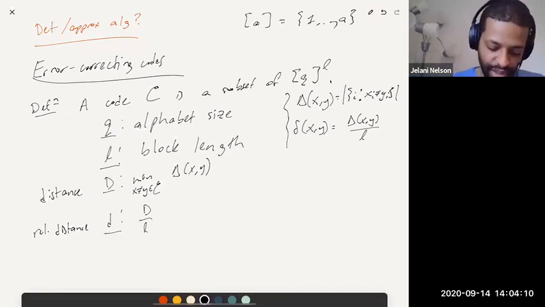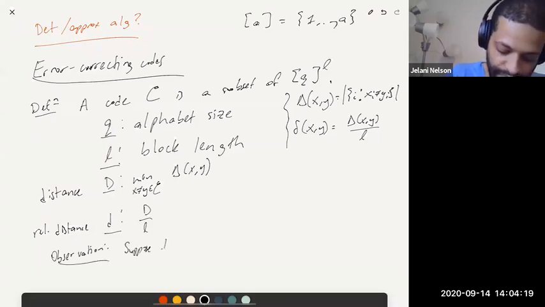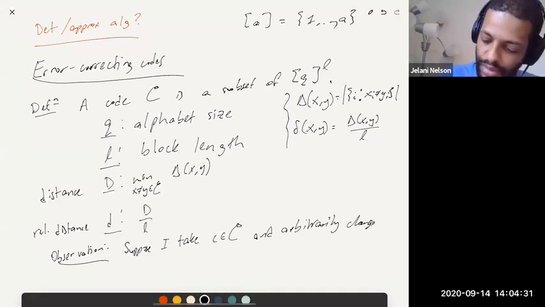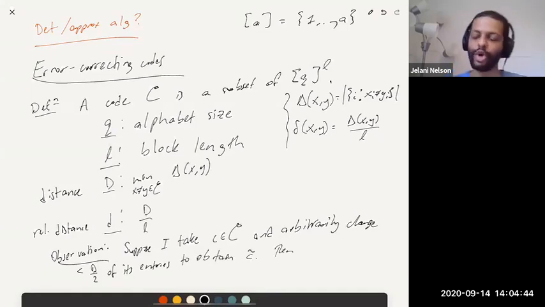And an observation: suppose I take a code word C from the code and arbitrarily change less than D over 2 of its entries to obtain a corrupted version of it, C tilde.